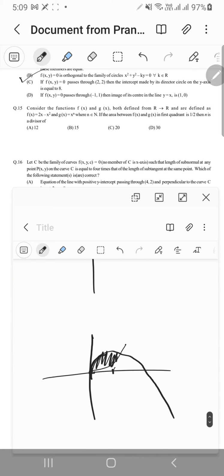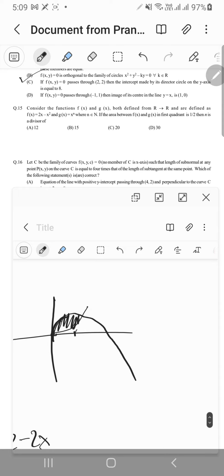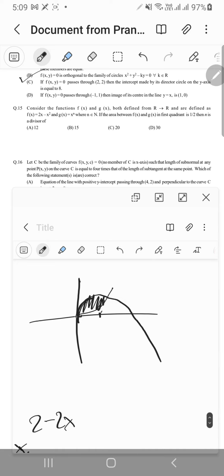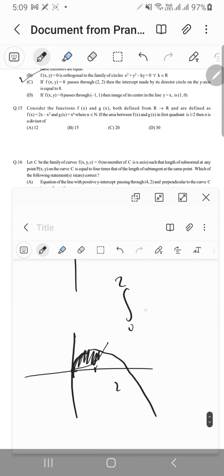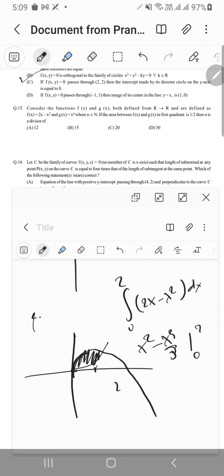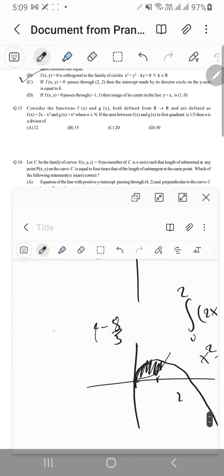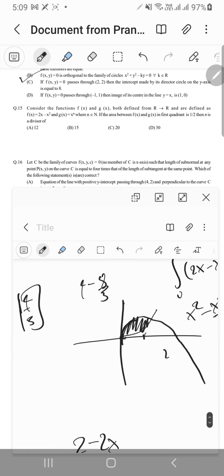Then n is a divisor of... what is this total area? It goes from 0 to 2. So integration from 0 to 2 of 2x minus x squared, this would be x squared minus x cubed by 3 from 0 to 2, which would be 4 minus 8 upon 3, which would be 12 minus 8, which is 4 upon 3. So 4 upon 3 is this total area.